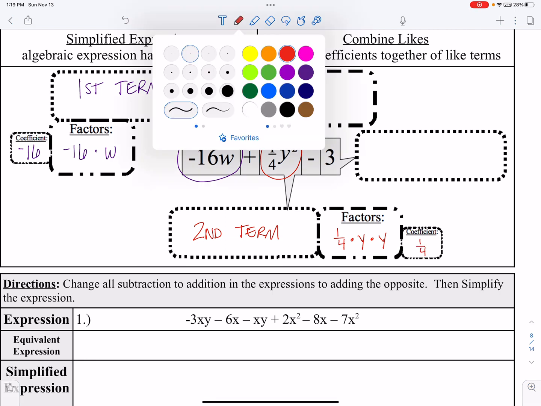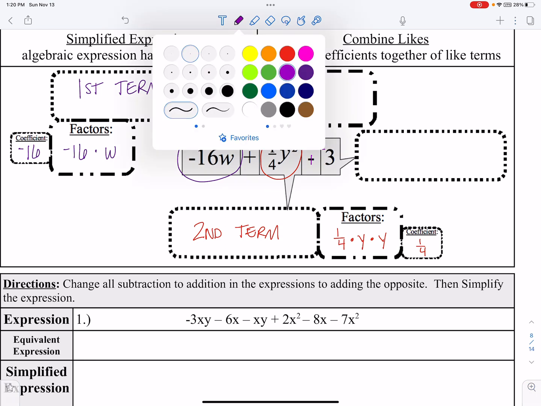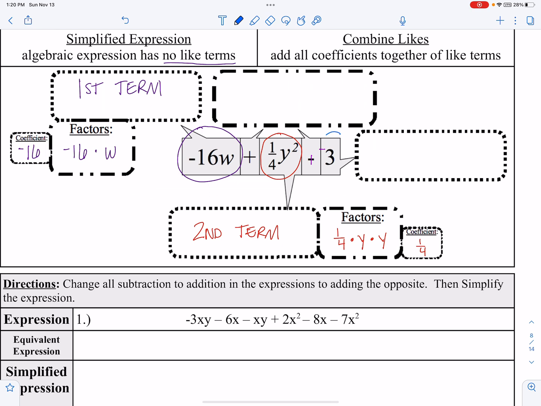And then the last one, before we even do this, remember these are separated by addition, so let's go ahead and do a quick KFC. So flip change. Technically, if I'm circling terms here, let me pick a different color. When I'm circling terms, I technically have a negative 3. So this is our third term.